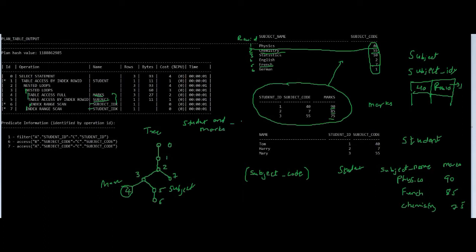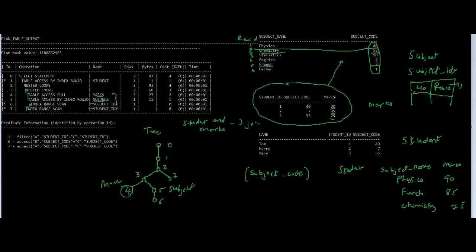This was the first join, but with the index there is a join on marks and subject tables. That is the first. Once you have the join of these two tables, it is getting joined with one index range scan on student IDX. So student IDX is again an index on subject code.